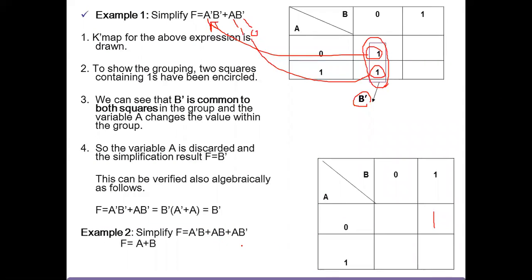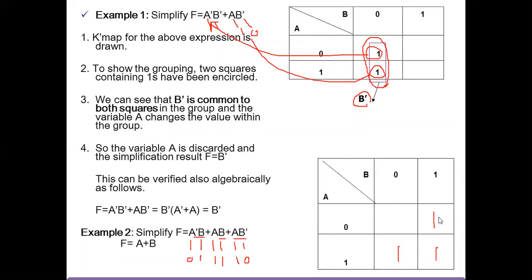AB should be 1, 1. Here, AB dash should be A equals 1, B equals 0. So these are the three boxes that should be filled according to these three terms. A dash is 0, B equals 1. Both of these are 1 and 1. A equals 1, B equals 0. So these are the three boxes that need to be filled.